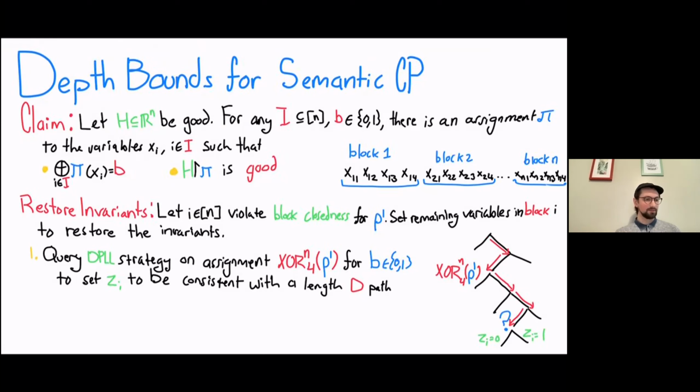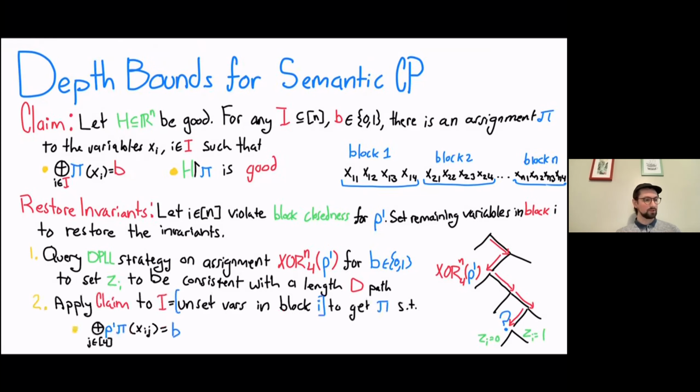And so this gives us a value b to set Zi to be, which means that this gives us a value b to set the parity of the block I to be. And then we just apply the claim to the variables in block I to get a restriction pi which is consistent, which sets the parity of block I to be b, and such that H is still good.